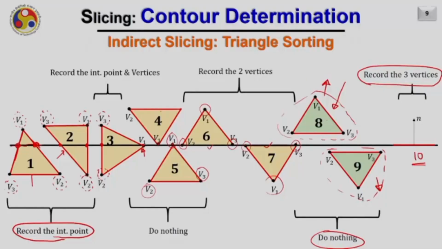Also, it is very easy to write the code for all these 10 cases. For example, for the case 1, if I show you, you have to just find the triangles that are fulfilling the relationship, like if V1 is greater than Zi and V3 is less than Zi and V2 is also less than Zi.